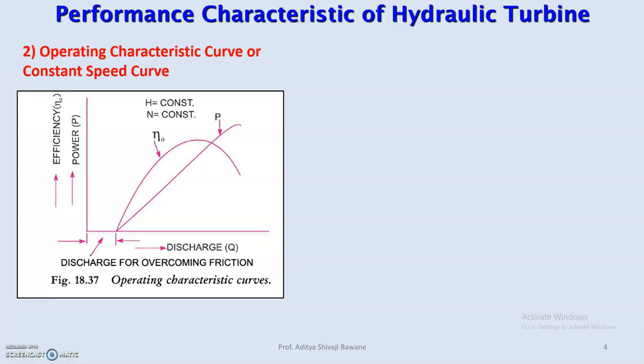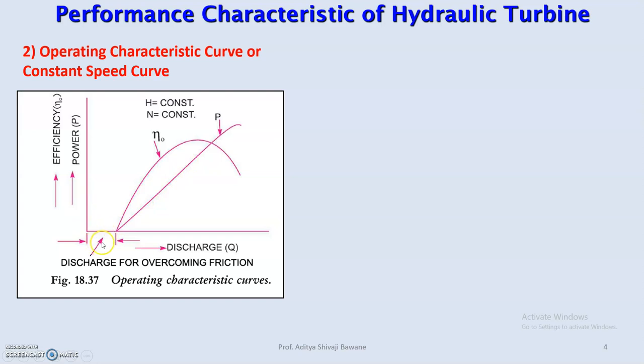Next is operating characteristics or constant speed curve. In this case, head and speed are kept constant and discharge is varied. Initially we require some discharge to be given to the turbine so that it will rotate and power will be generated.